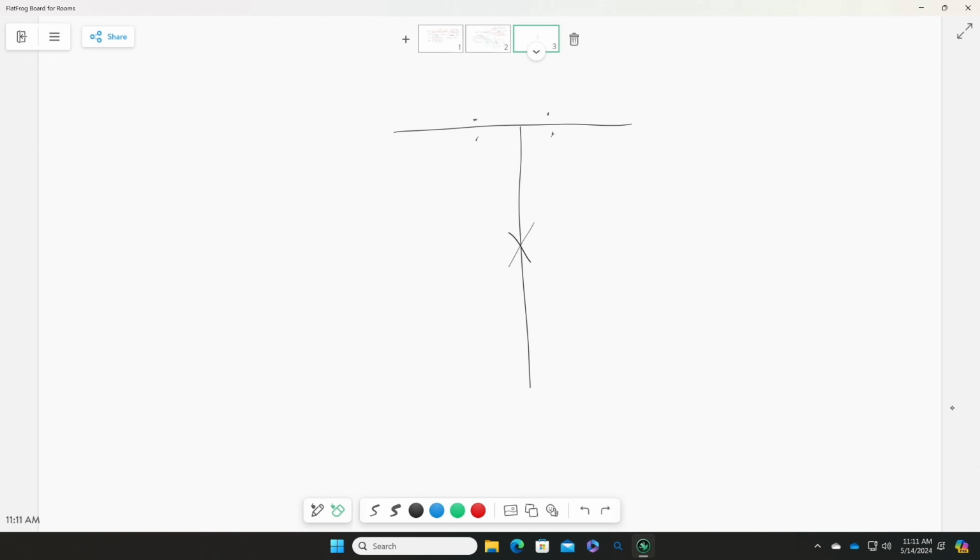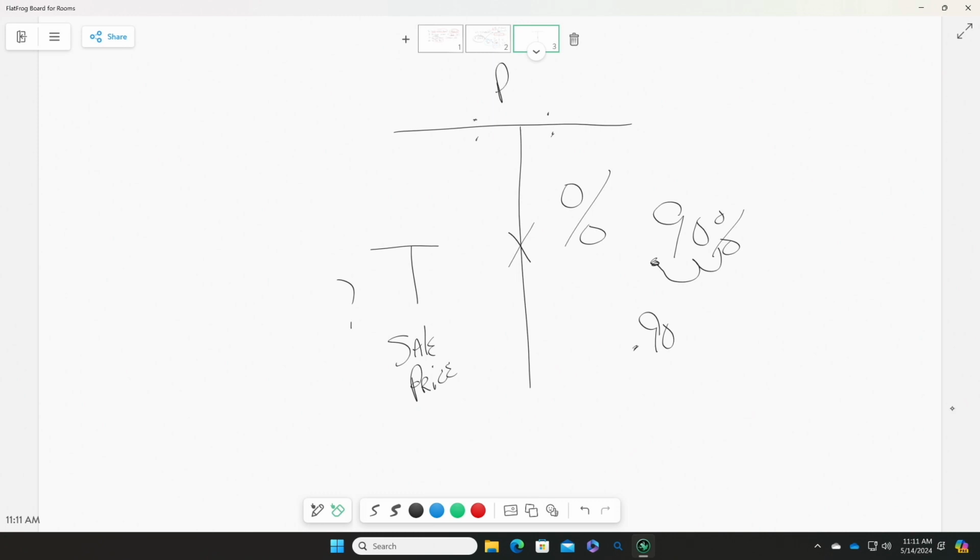All right, so do we know the percent? Yes, it's a 90% loan to value. So we move our decimal over and we have 0.90 here. Do we know the total? No, that's what we're solving for. The sale price is going to be higher than the loan amount, right? Do we know the part?